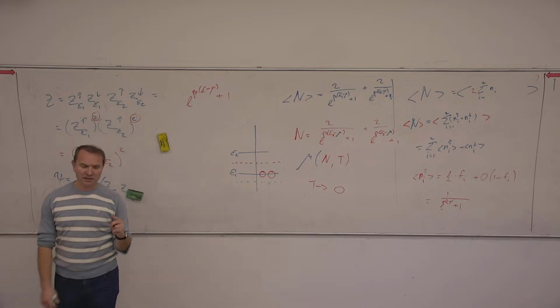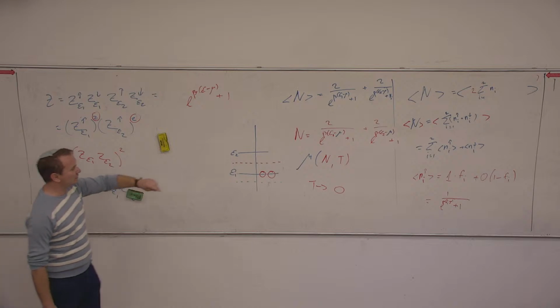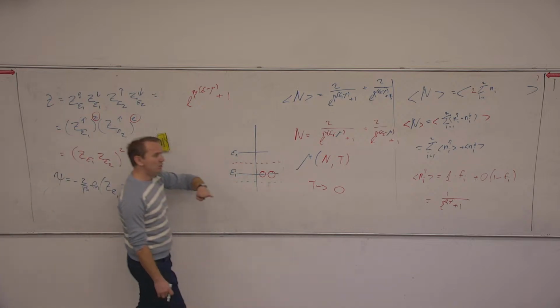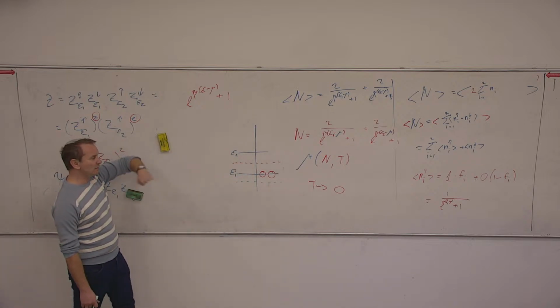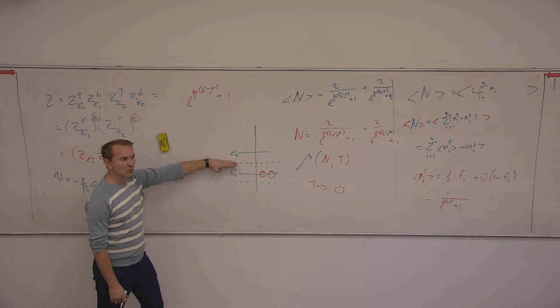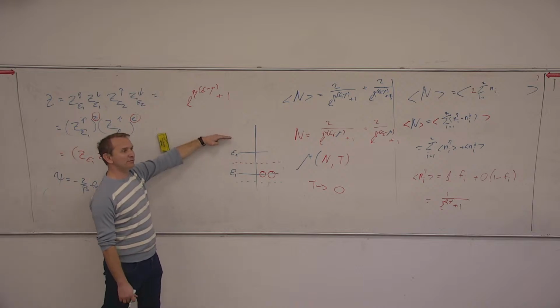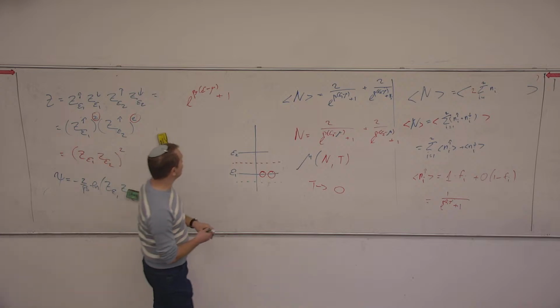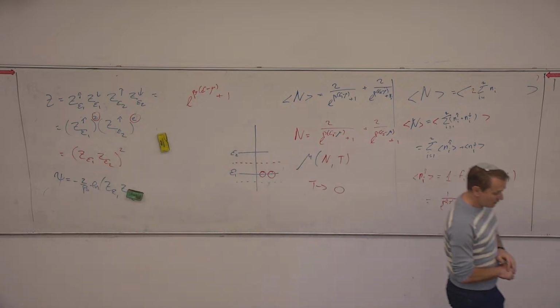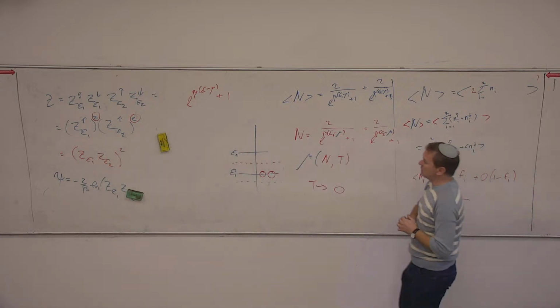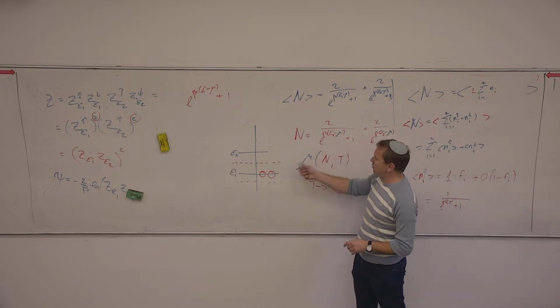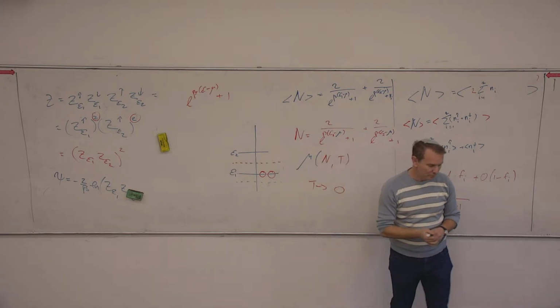Remember, the idea is we occupy everything in the temperature goes to 0 limit. We occupy all the levels up to the Fermi level, and we do not occupy anything above the Fermi level. So if we assume that we have just 2 particles, we know that the Fermi level has to be somewhere above epsilon 1.